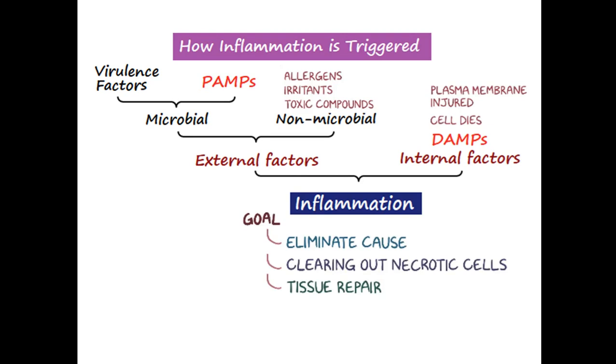Now, if the immune system is stimulated after it recognizes the external or internal factors, it will initiate the inflammatory response. The goal of the inflammatory response will be to eliminate the cause, to remove the dead and necrotic cells, and to start the process of tissue repair.